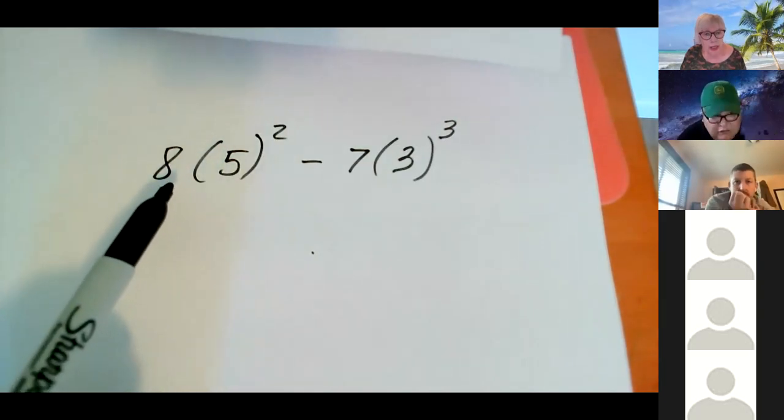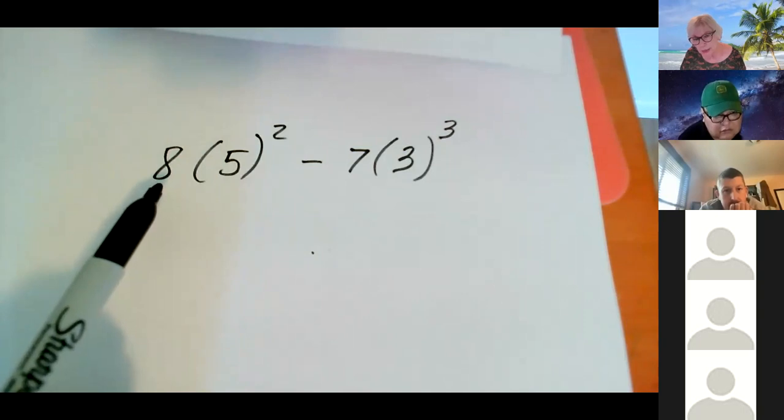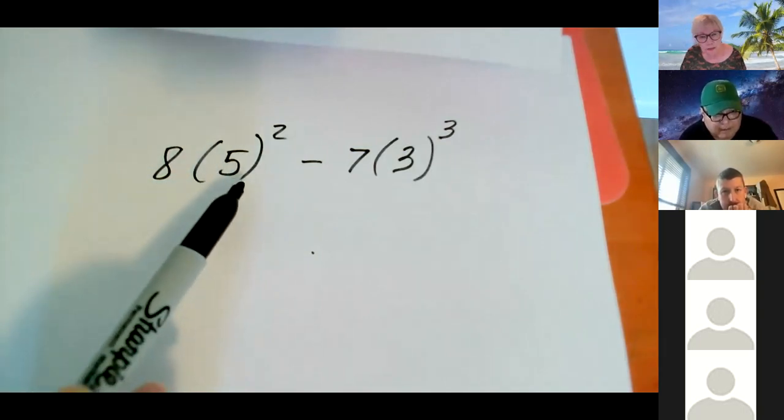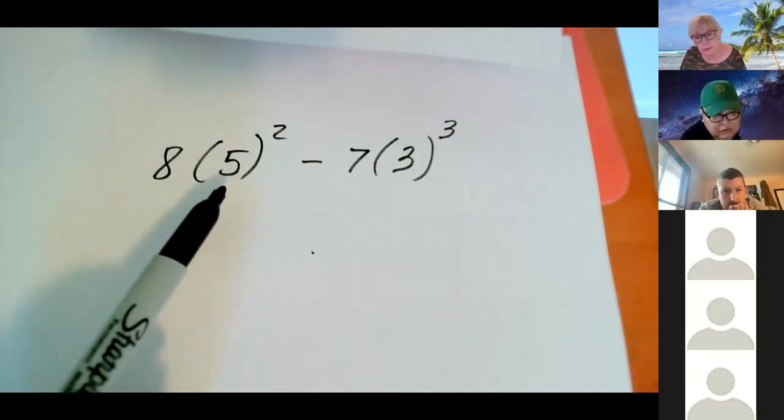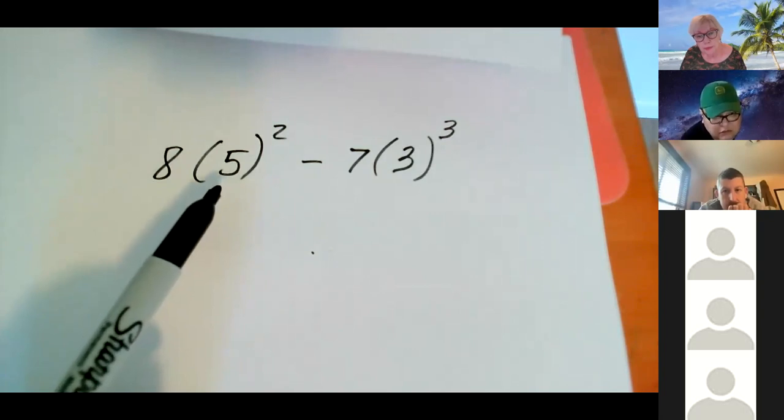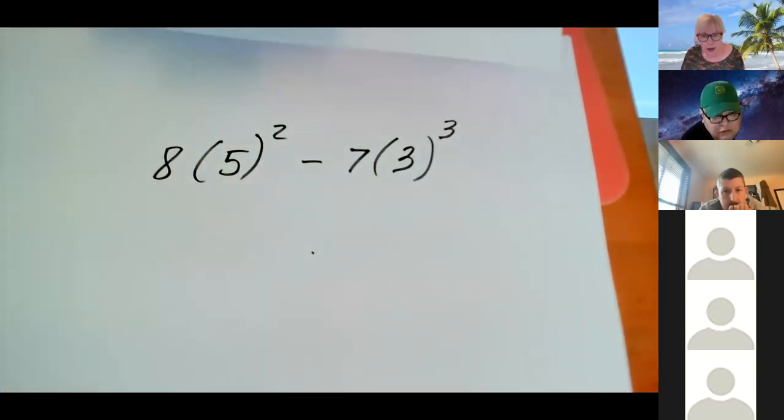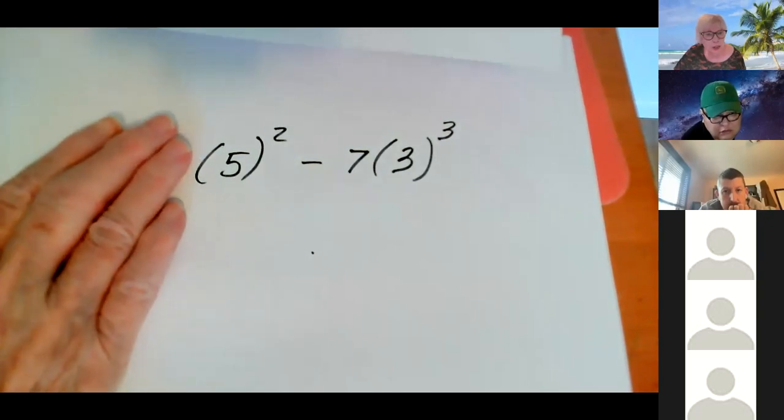That's what I want to know. Does it apply to the 8? Does it apply to the 5? Does it apply to both? It applies to the 5. Only the 5. So this 8 is as good as gone as far as I'm concerned for right now. The 5 is the part that's raised to the second power.